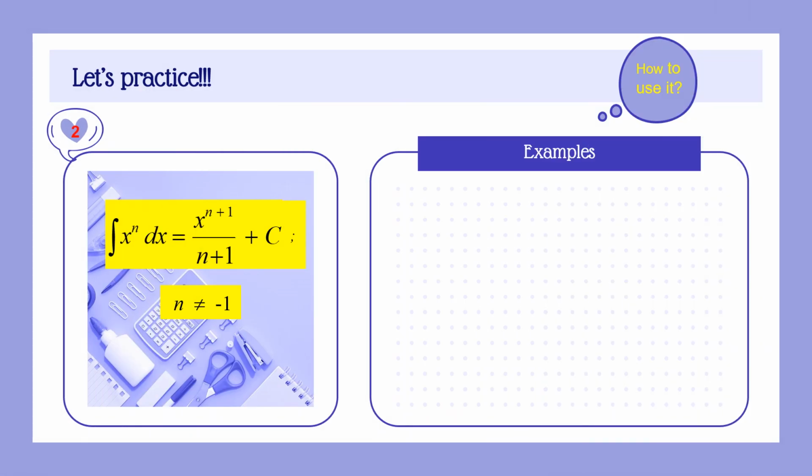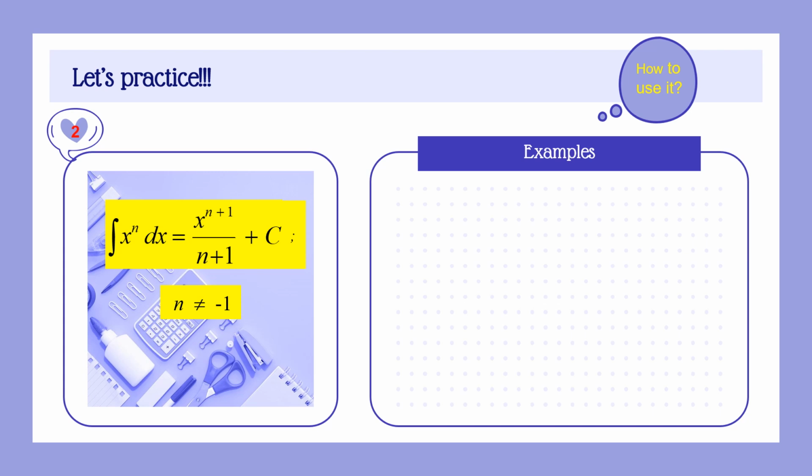Let's practice rule number 2. Integrate x to the power of n dx equals x to the power of n plus 1 over n plus 1, plus c. We can use this rule for all n except n equals negative 1.